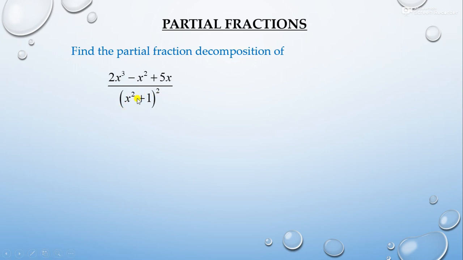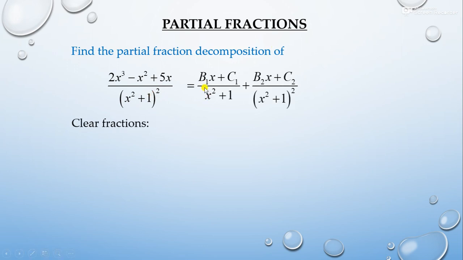Here our denominator is x square plus 1 whole square, and x square plus 1 is another irreducible quadratic term. We can't factorize it. So how to assume this? How many terms do you have here? You have two terms. One is x square plus 1 and the second one is x square plus 1 whole square. So now we can take the partial fraction of this.